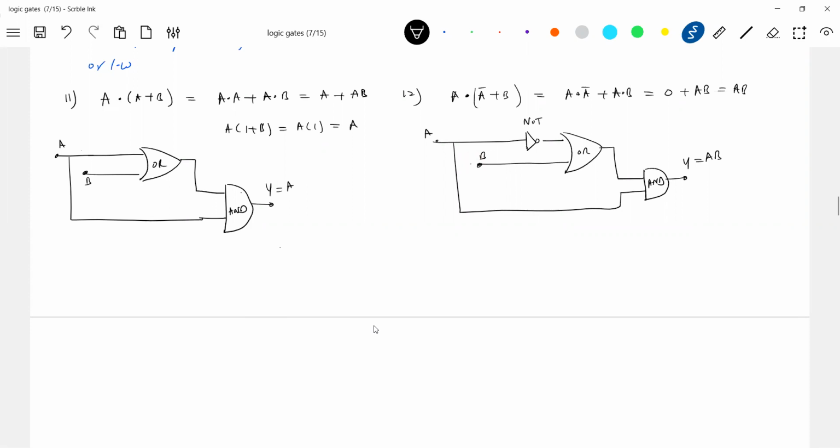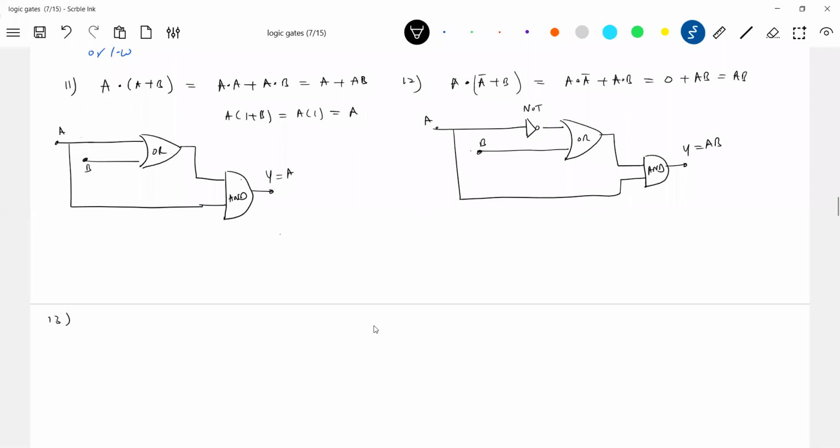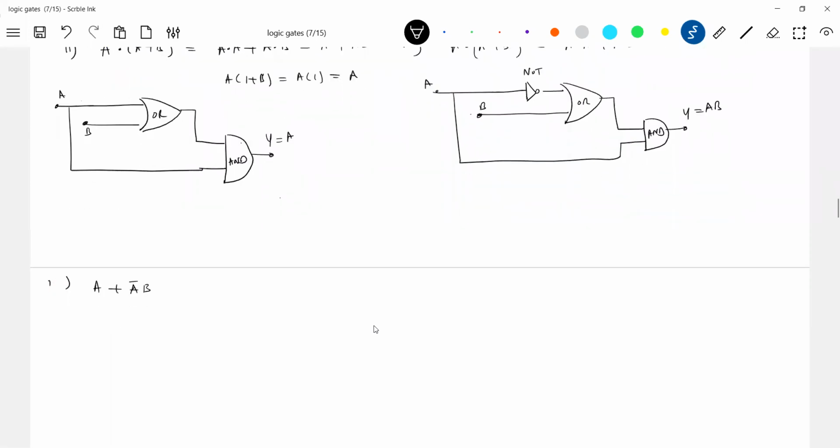The last will go for the 13th identity. A plus A complement B. This I'll write equal to A plus B only. Straight away you can say, sir, we will not agree with you.